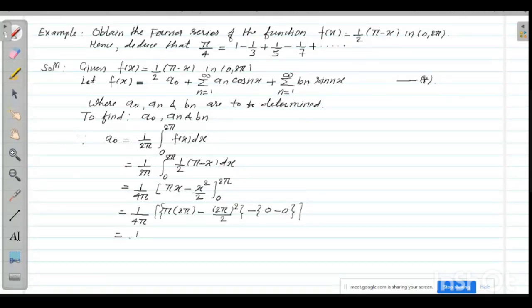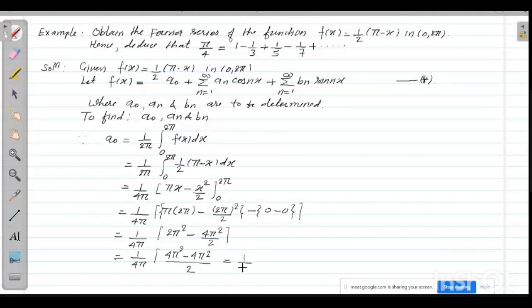So this equals 1 by 4 pi, and just simplify: 2 pi square minus 4 pi square by 2. Cross multiply: 2 pi square minus 4 pi square by 2. 4 pi square and 4 pi square cancel, this will be 0.